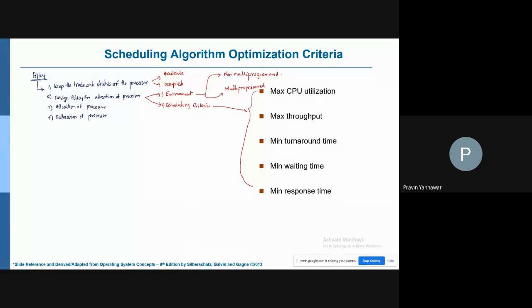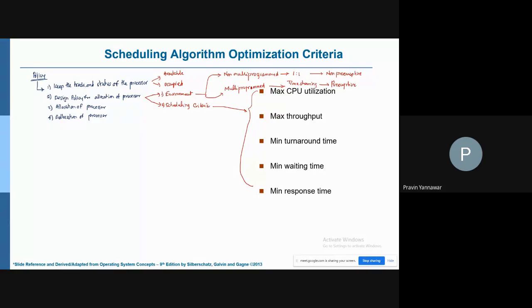Whenever you are thinking of non-multi-program, there is one-to-one correspondence. And whenever you are thinking of multi-program, it is time sharing. So this is called non-preemptive, and this is called preemptive. This you have to consider.